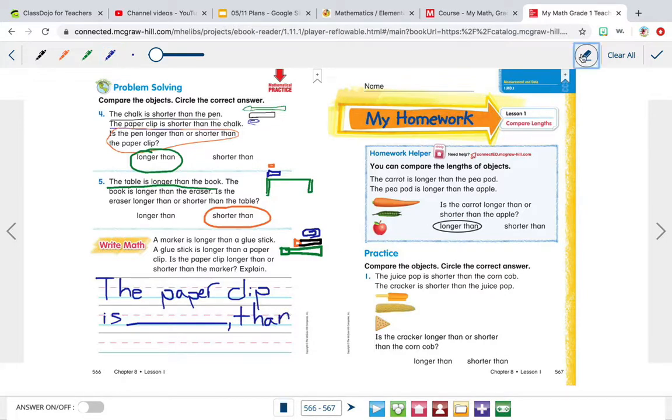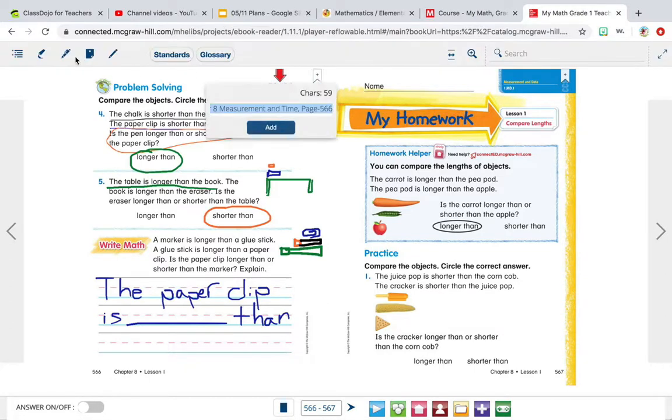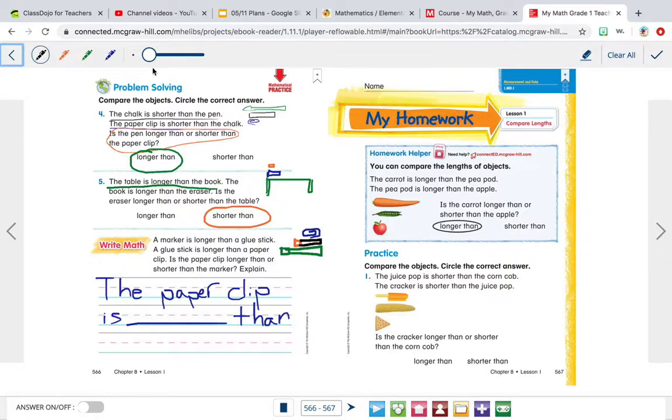And let me just erase this. Okay. So the paper clip is blank, then the marker. Ooh, give me 1 second. So then the marker, okay?